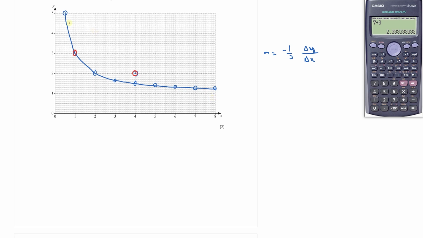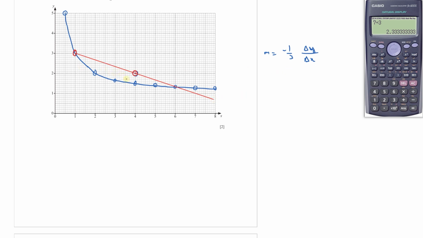So let me try this again. Let me actually start from this point. And then the line passes through this point, like this.